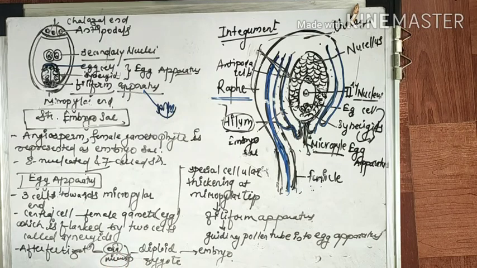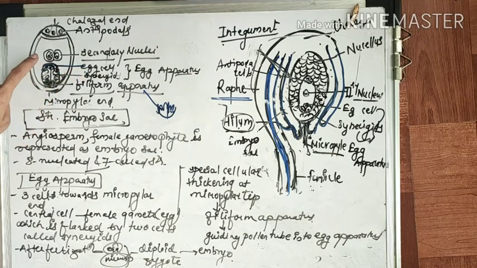As we already discussed, in angiosperms the female gametophyte is nothing but the embryo sac. It is an 8 nucleated 7 celled structure. It has 3 parts: egg apparatus, secondary nucleus and antipodals. First we discuss the egg apparatus. The egg apparatus contains 2 structures, the egg cell and synergids.